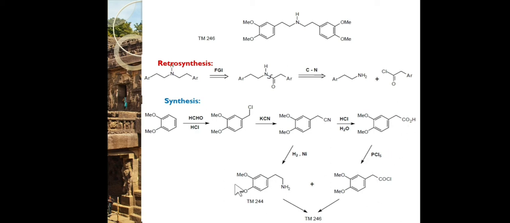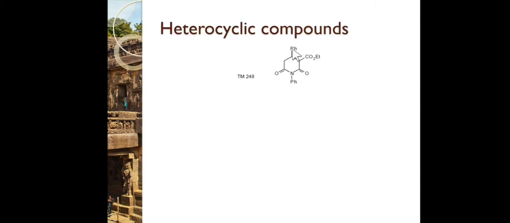So reaction of this amine and acyl chloride gives the target molecule 246. So this is how we prepare secondary amines with the help of amide formation and then disconnection of the amide. Let's go for the next molecule.